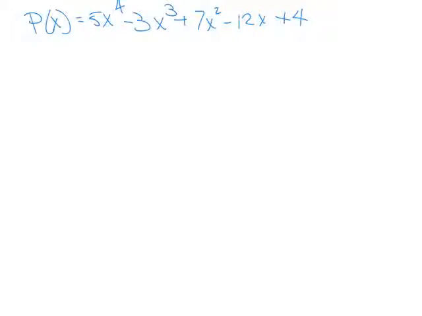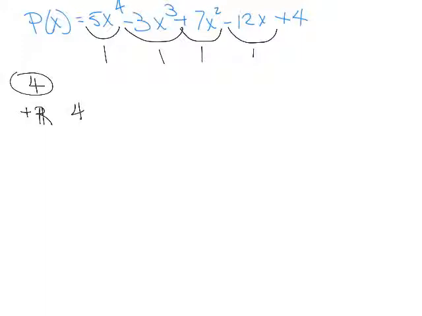So let's look at our variation in sign. We have 1 there, we have 1 there, we have 1 there, and we have 1 there. So we have 4 variations in sign. So the number of positive real number solutions are going to be 4, or 4 minus 2, or 4 minus 4.